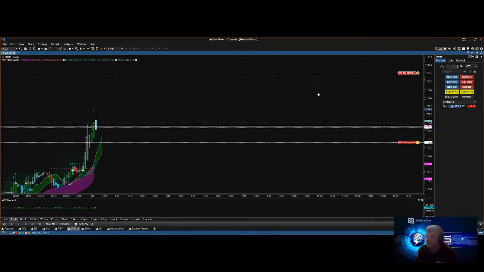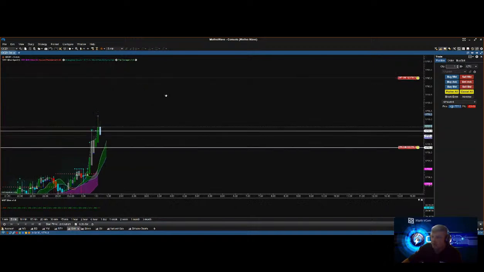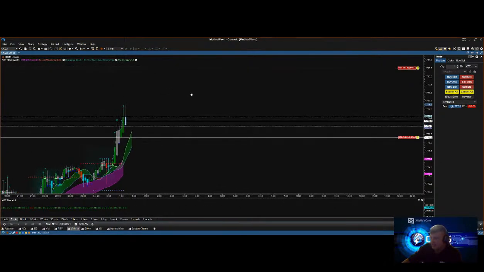All right, now we're about to see if we're going to end up going double down on a short position. No, these are Heikin-Ashi candles. The Express system works best with Heikin-Ashi.